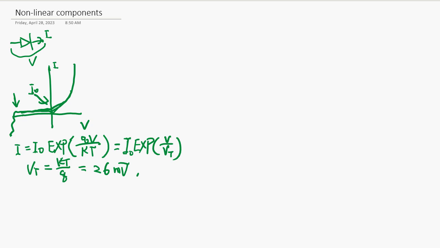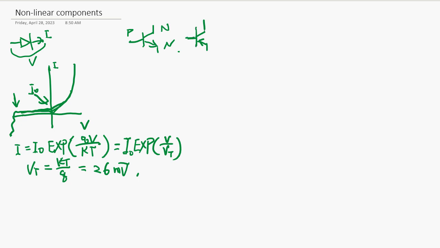So next one is the transistor. Now, this is an NPN transistor, and a PNP looks like this.